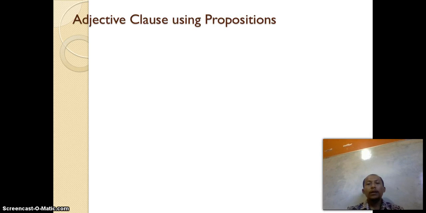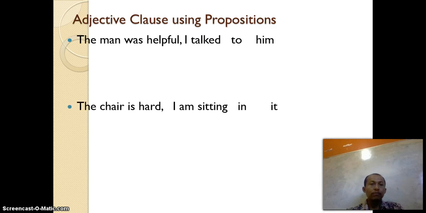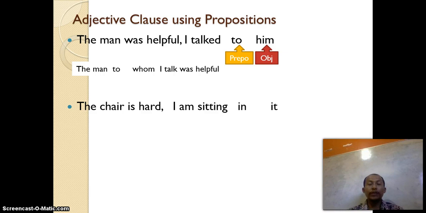So now adjective clauses using prepositions. We can use a preposition before connectors. Let's see an example. The man was awful. I talked to him. So in "talk to him," to is the preposition. And the chair is hard. I am sitting in it. So the preposition is in. So you have to move it to the adjective clause.